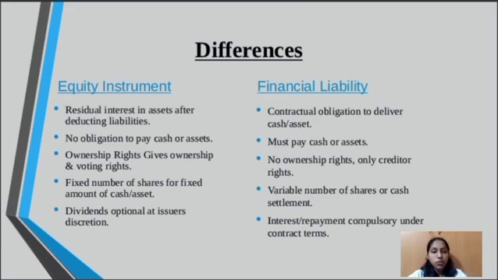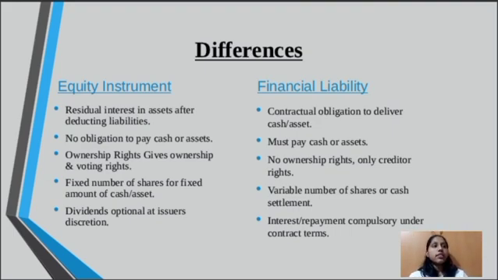An equity instrument usually represents a fixed number of shares for a fixed amount of investment, like 100 shares for $1,000. A financial liability may involve a variable settlement, such as repayment in a changing number of shares or equivalent cash.